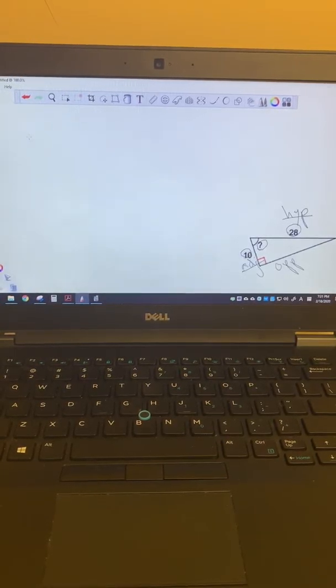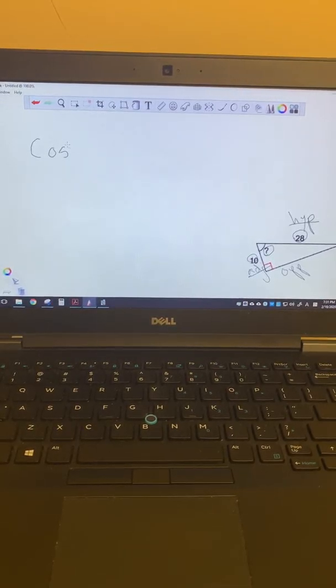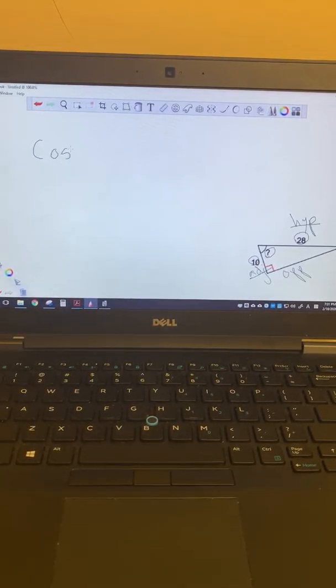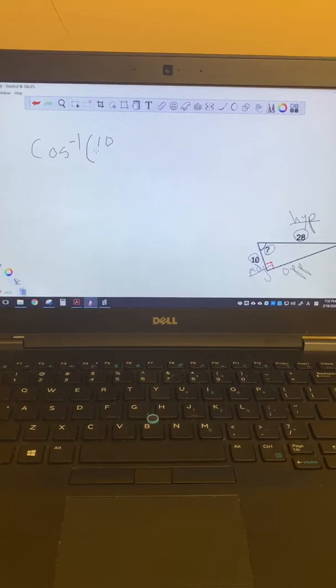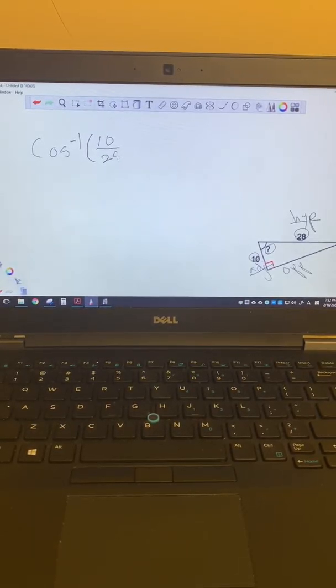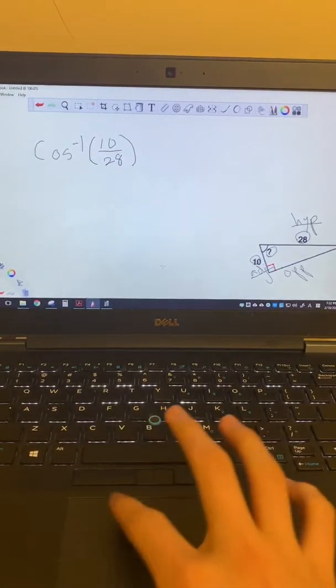So if we go over here, cosine, and if we're trying to look for the angle, we use inverse. So inverse cosine, and then we plug it in. Adjacent, 10 over hypotenuse, 28. So all we have to do now is just plug that into the calculator.